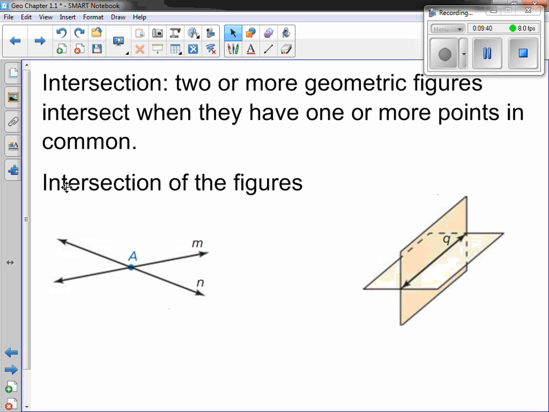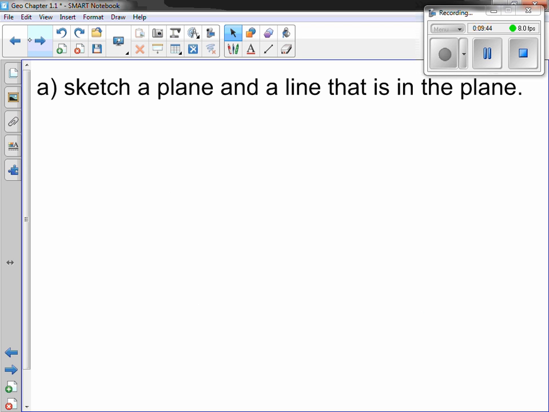Questions on intersections? Okay. I'm going to have y'all try this on your paper, and we'll do it together here in a second. I want you to sketch a plane and a line that is in the plane.